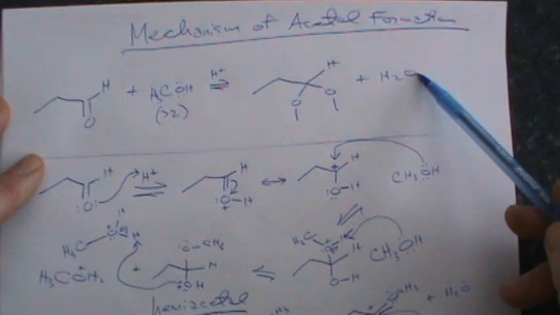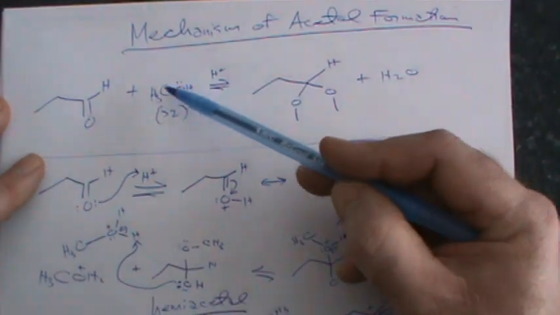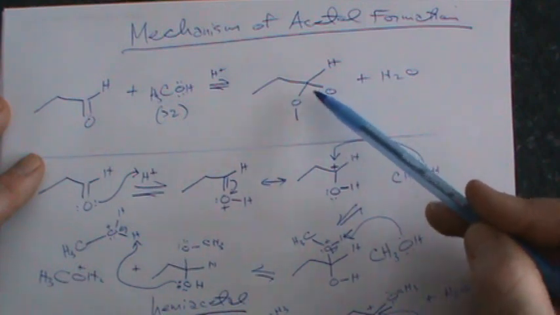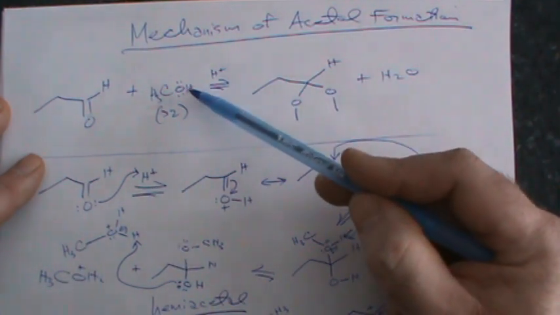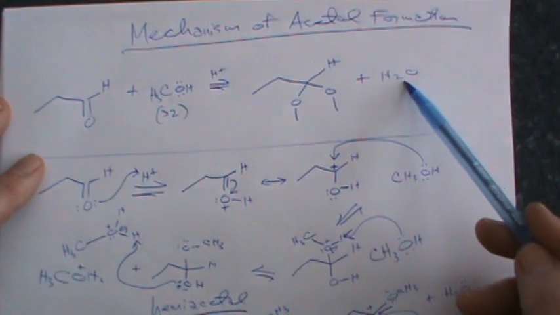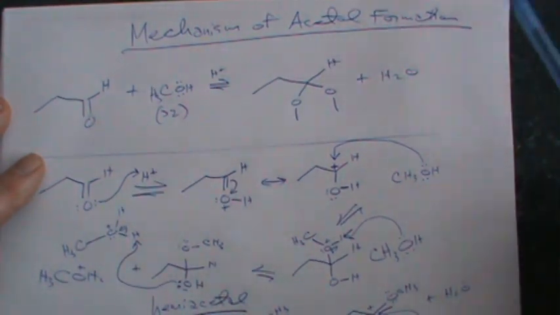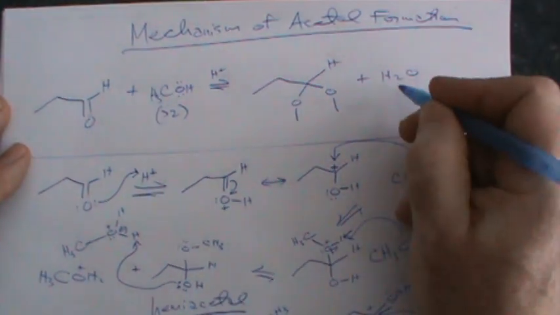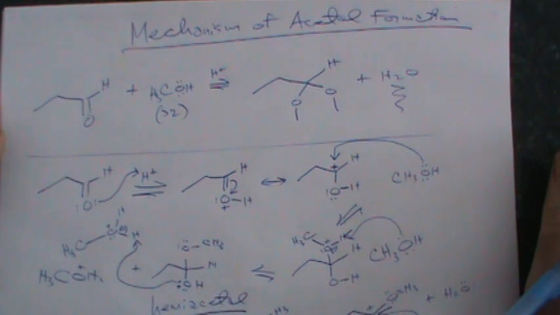It's going to leave right there as water. OCH3, OCH3 taken twice. That gives me my acetal structure. Both of those protons plus that oxygen result in that water right there. There's only one water molecule produced for every one acetal that's produced, and that's why managing the water concentration is such a critical component here.